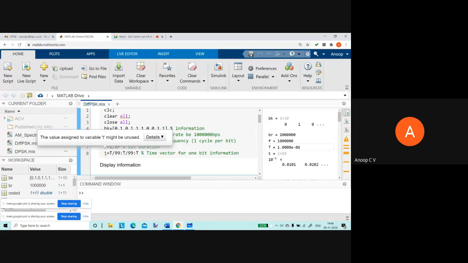Later on, we will generate the modulated signal for each individual bit duration, and then we'll concatenate them to get the final modulated signal. And before we move ahead, I would like to make a submission. This is not the only way to simulate a DPSK system.